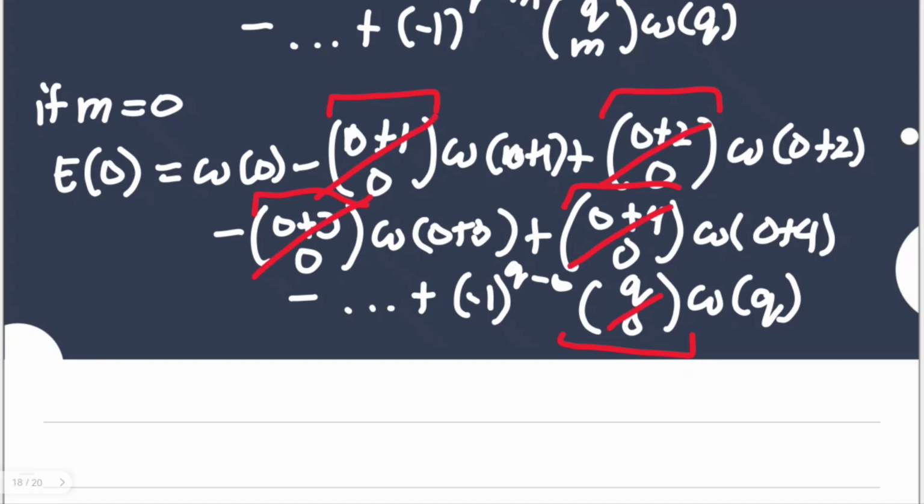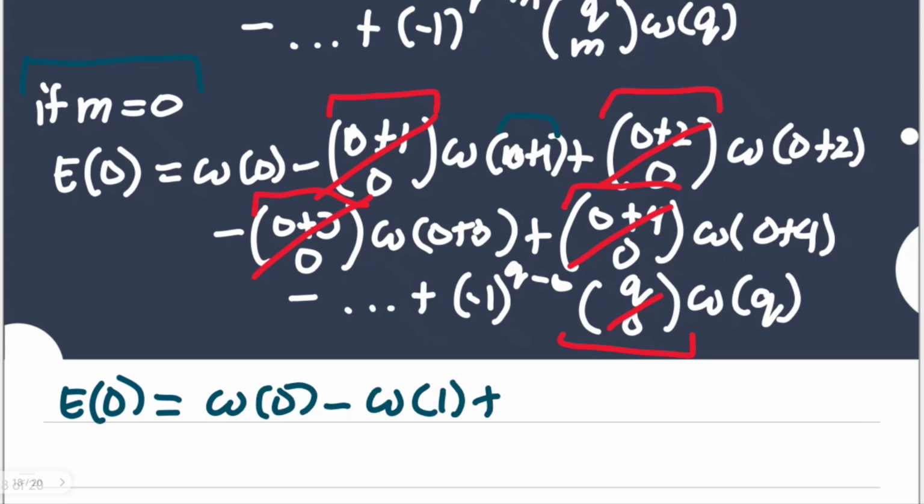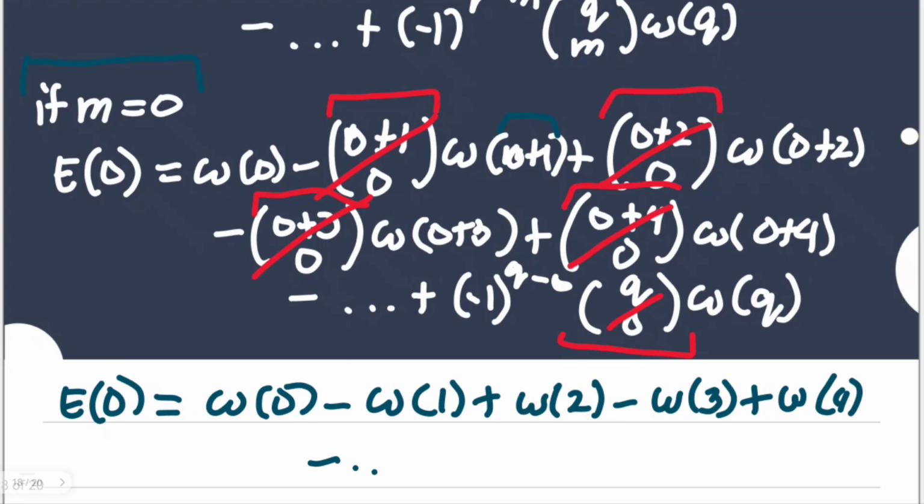That is why you would see that E of 0, when m is equal to 0, is actually omega of 0 minus omega of 1, because that's 1, plus omega of 2 minus omega of 3, all of them with coefficient 1 for the combinations, plus omega of 4, minus and so on until plus negative 1 raised to q, omega of q.